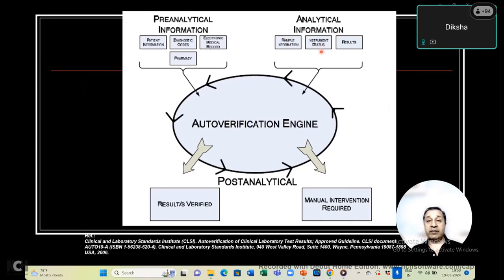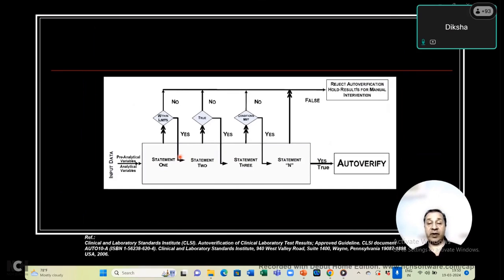Similarly, analytical information from the analyzer regarding the data which is coming out, including some graphic information which might be required. And then you need to define in your post-analytical process whether you will want a manual intervention for you to release the reports, or the results will get auto-verified. All this needs to be defined when you're defining your auto verification engine. You need to not only set up the engine, you need to validate the whole process. And once you've validated the whole process, does the auto verification engine come into the picture?